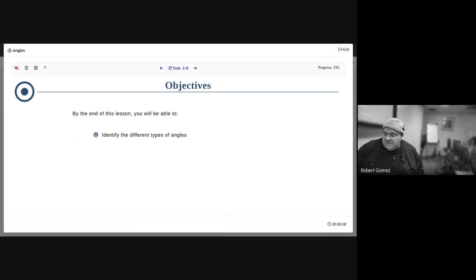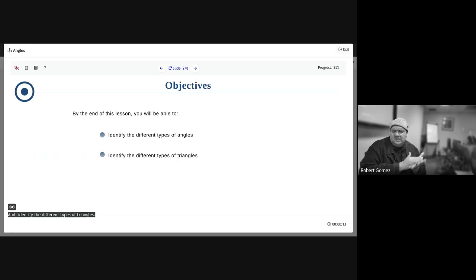So a lot of this is vocabulary. The next lesson or two is mainly about vocabulary and identification. There's not going to be too much in the way of hard math. We just need to be able to start knowing what we're talking about.